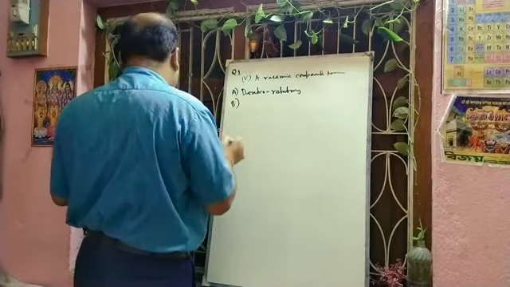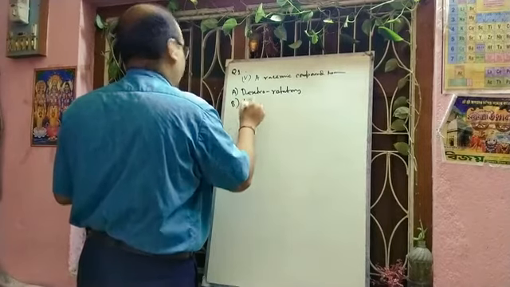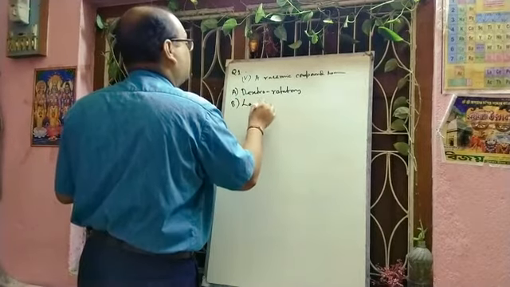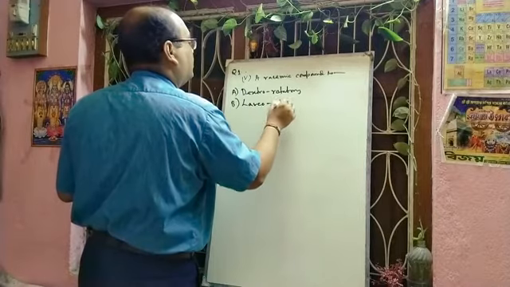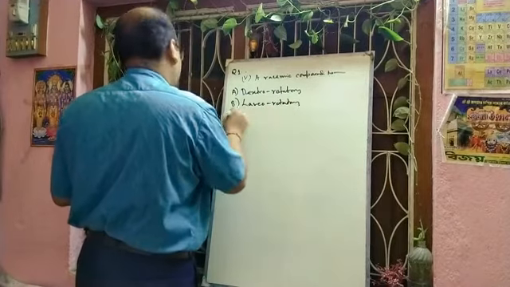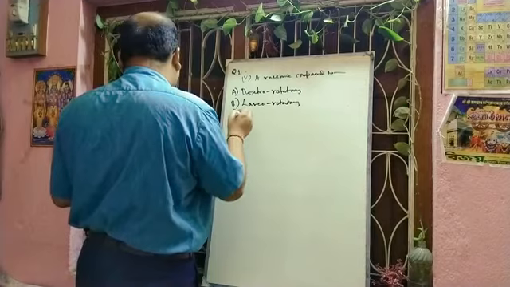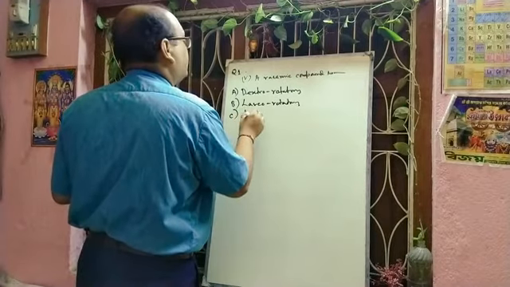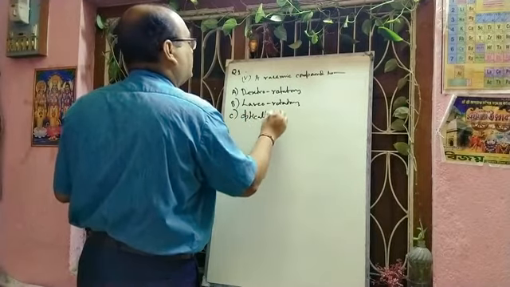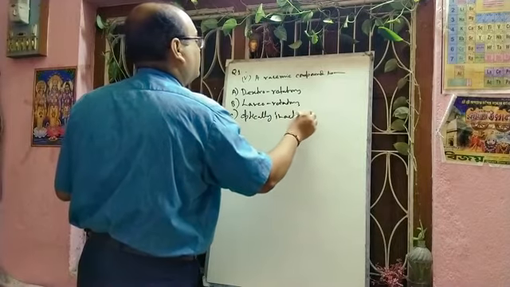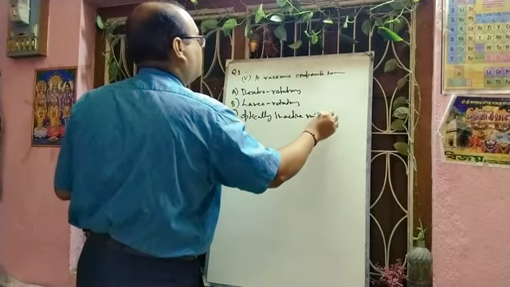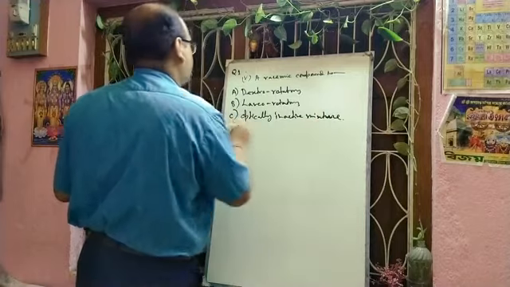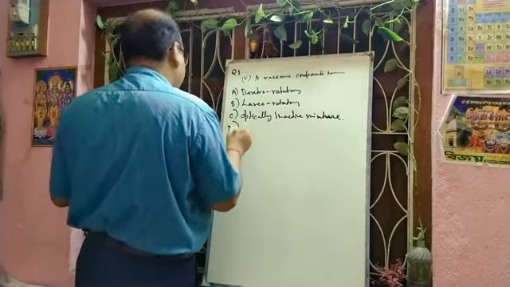Option B was levorotatory. Option C is optically inactive mixture. Option D is optically active mixture.